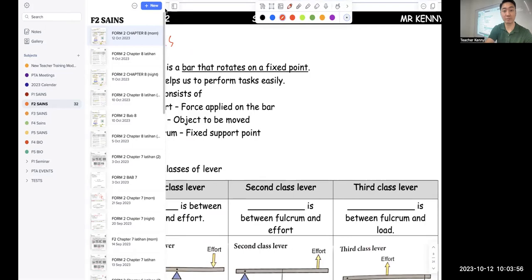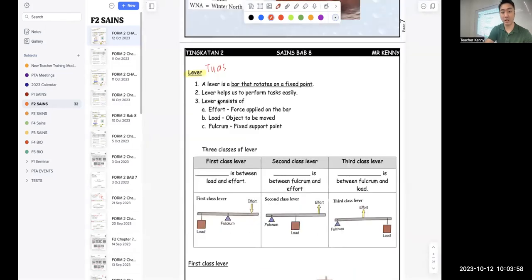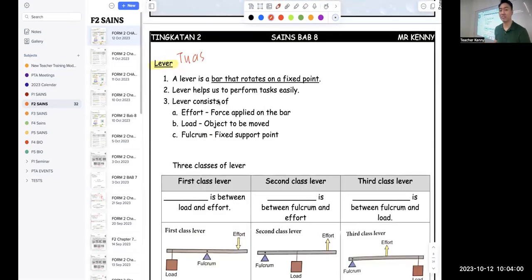Simple machines. Now, what is the lever? The definition of lever is basically a bar that rotates on a fixed point. What does it mean by a bar that rotates on a fixed point? Imagine this pen over here. This is a bar, any bar it can be. Imagine there's a fixed point, a point that is non-moving. When this bar rotates, that means it can go around that point.